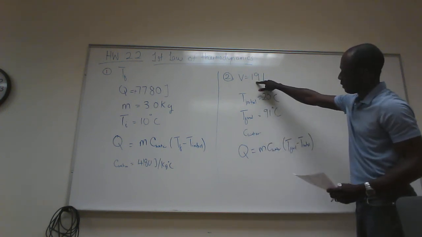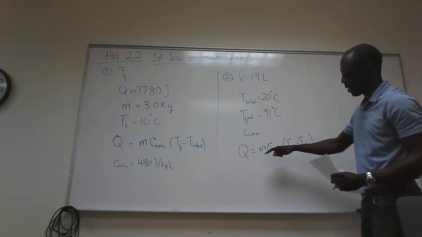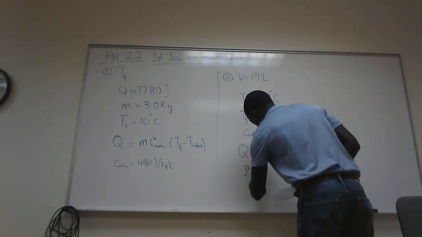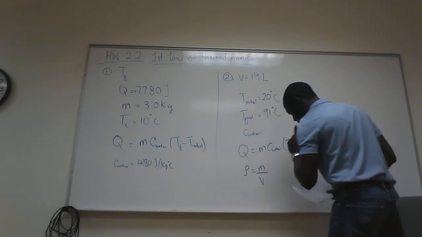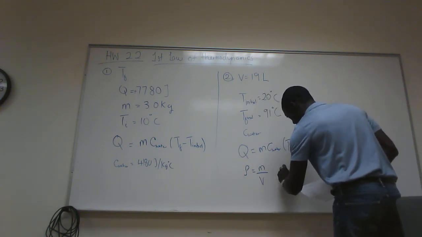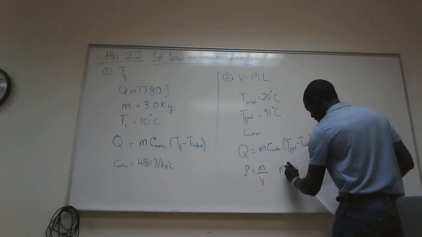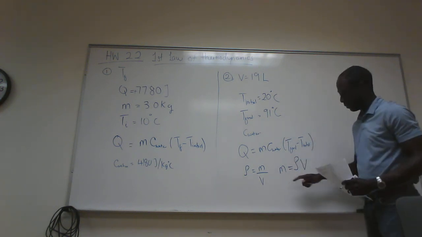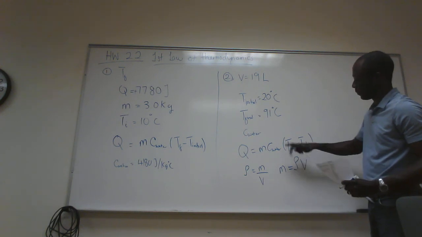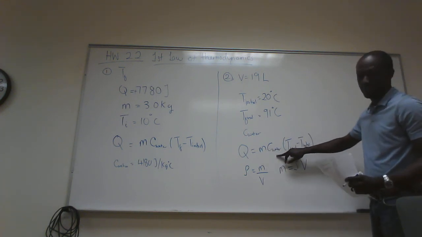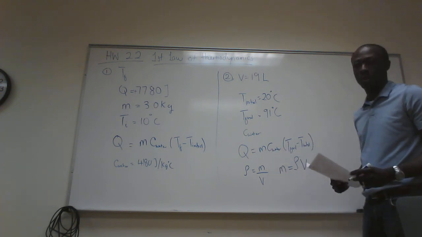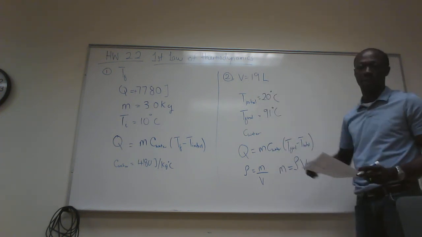And since we're given the volume of water and we want to find the mass, we know that the density is equal to the mass divided by the volume. So the mass of the water will be the density of water multiplied by the volume. So we have to find the density of water from our textbooks, plug it into this equation, and solve to get the mass of the water for this volume of 19 liters.